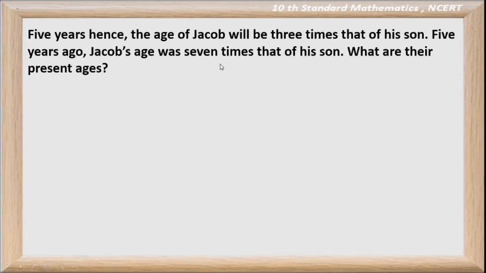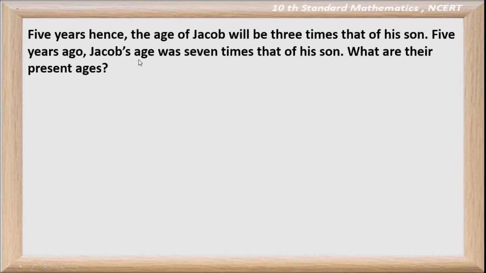The next one. 5 years hence, the age of Jacob will be 3 times that of his son. 5 years ago, Jacob's age was 7 times that of his son. What are their present ages? How can we find it?